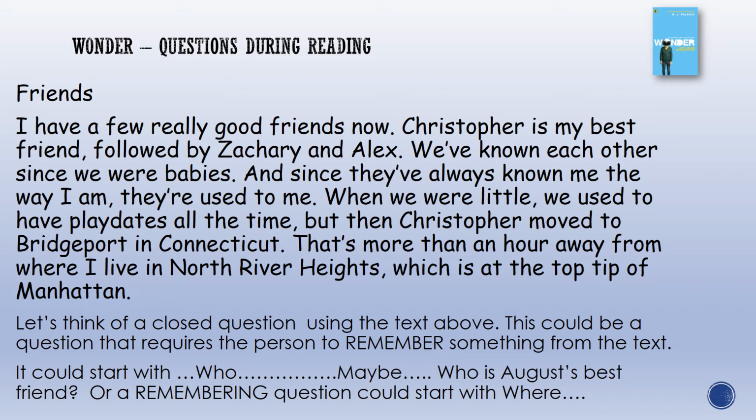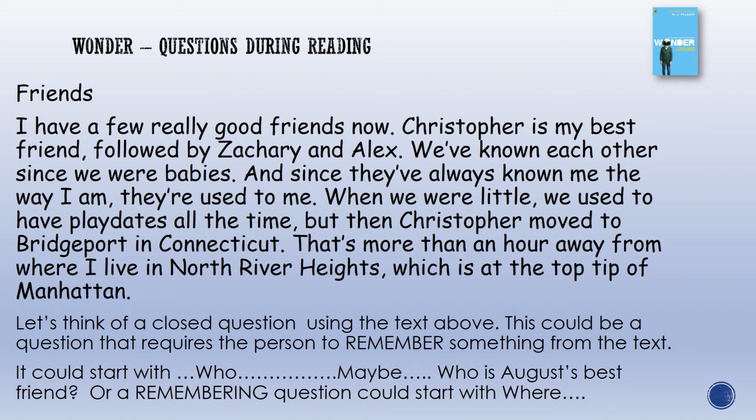So that's a little bit of the text. We're going to think of a question during this reading process. So, as I've said at the bottom here, I'm going to just read it here. It says, let's think of a closed question using the text above. This could be a question that requires the person to remember something from the text.